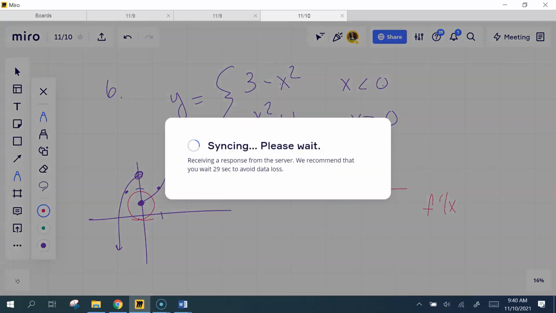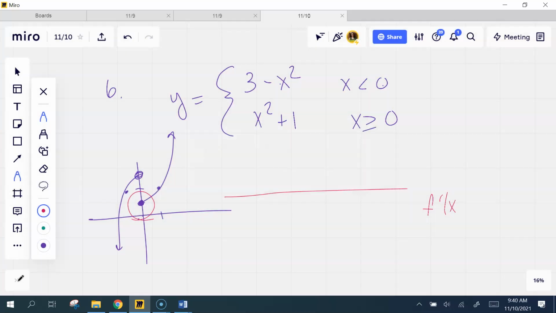So we always test this point as a potential critical point, right? If you put that on your sign chart, when x is less than 0, my derivative is positive. Well, let's put in -1.